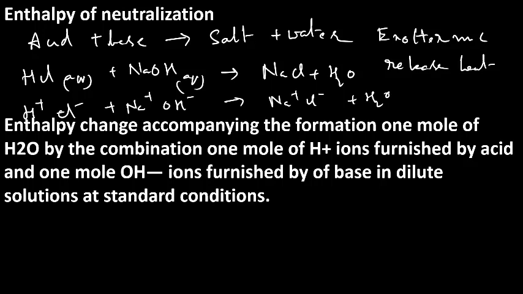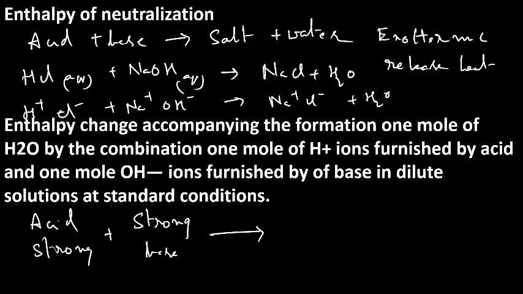Experimentally, it was found that during the formation of 1 mole of water molecules, when a strong acid and strong base react, the amount of heat liberated is 57.1 kilojoule per mole. Therefore, strong acid plus strong base gives salt plus water.